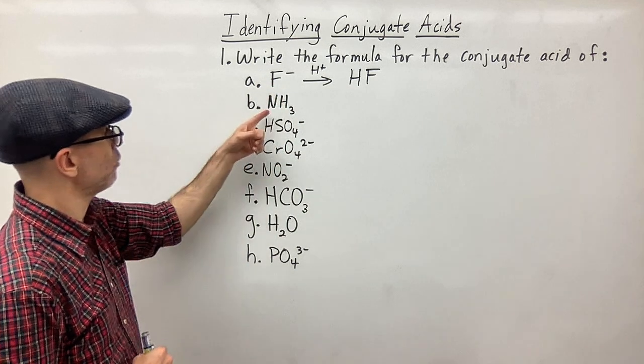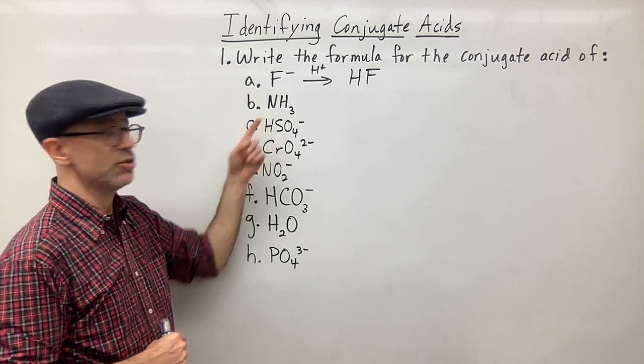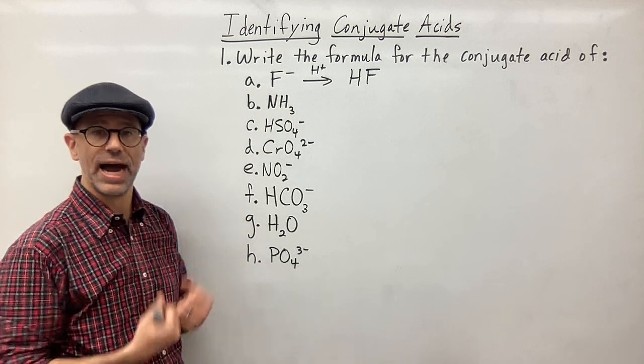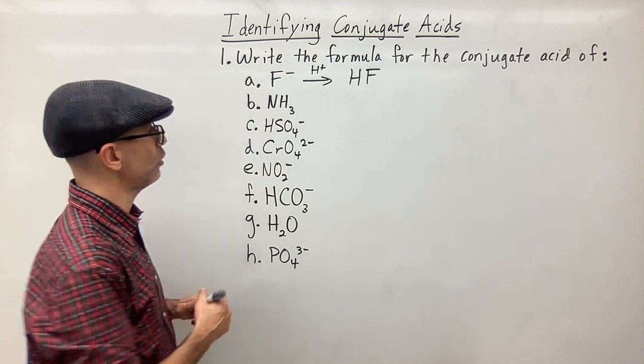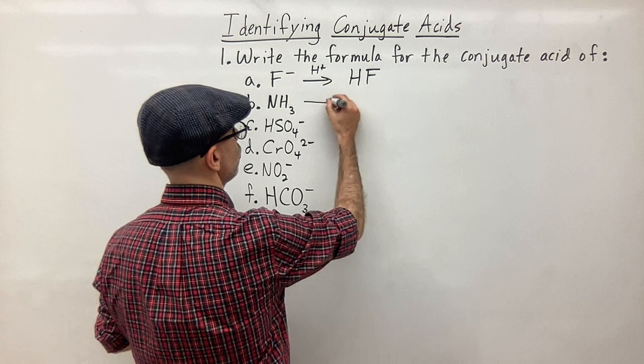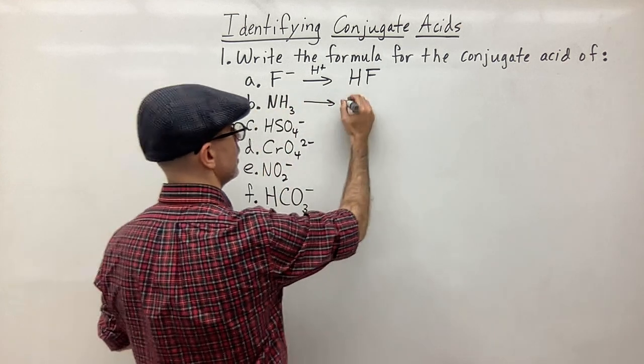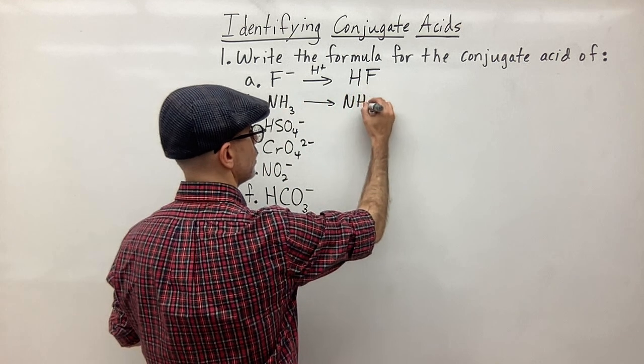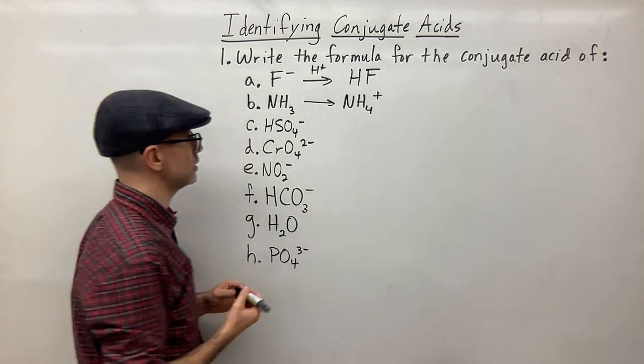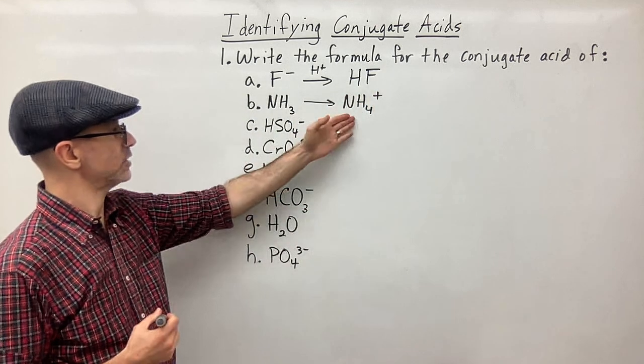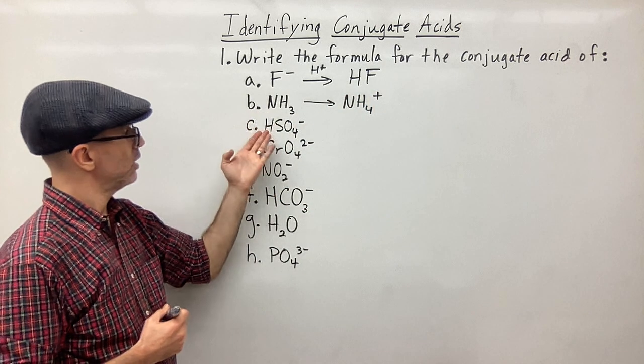Okay, so then what about this ammonia? Ammonia can react with water, take a hydrogen away from water, and it'll form the ammonium ion. So you add a hydrogen to this, and you get NH4 plus. So that's the conjugate acid of this base.